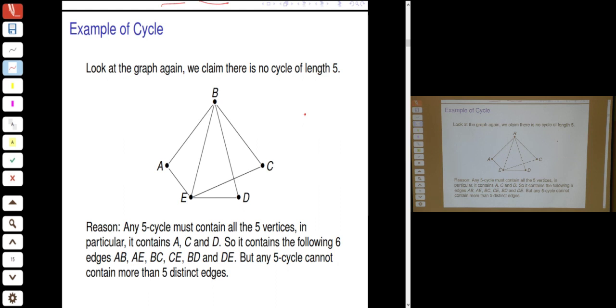So the start and end of the cycle has to be the same. So there have to be 5 vertices in total, right? Since there are only 5 vertices in the graph anyway, the cycle must traverse all the 5 vertices.